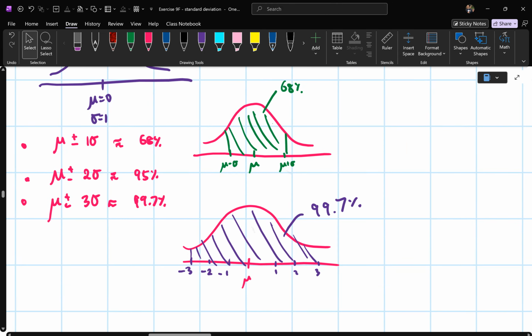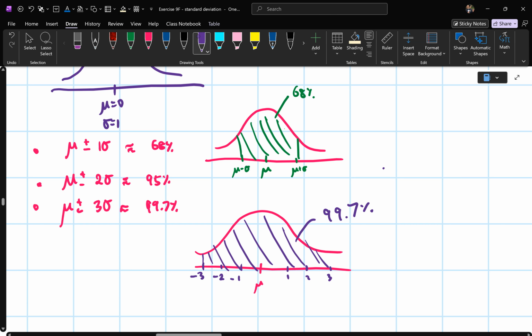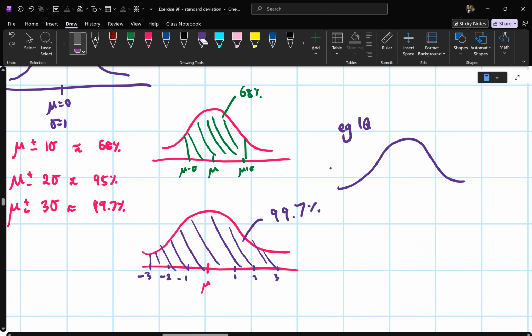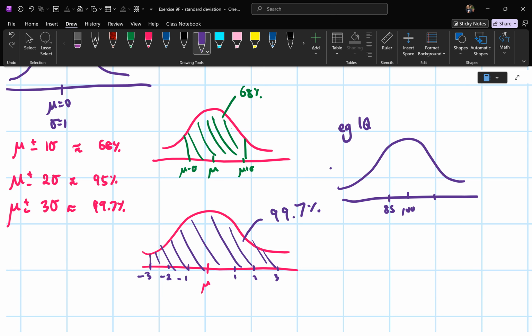So if you don't like the numbers and symbols I'm using, I can use the IQ example. One standard deviation, so 85 to 115, that's 1 standard deviation. 70 is 2 standard deviations, 130 is 2, and then the next 15 down is 55 and 145.